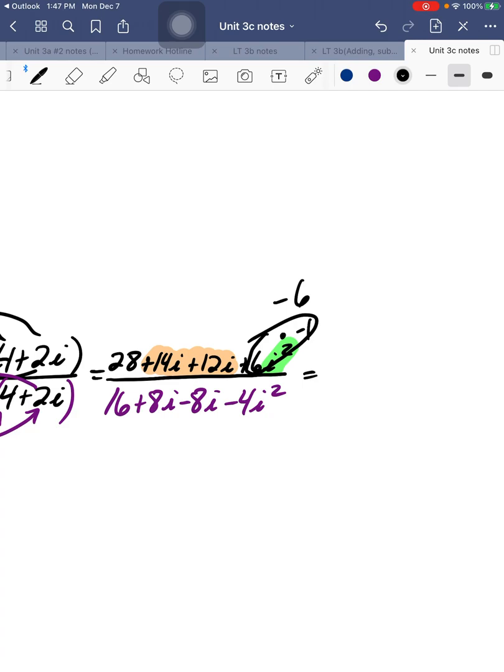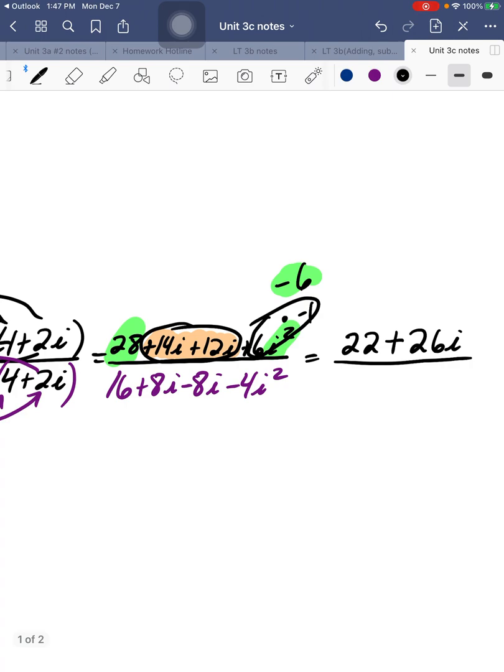We have 28 minus 6 is 22. And then 14i plus 12i is 26i.